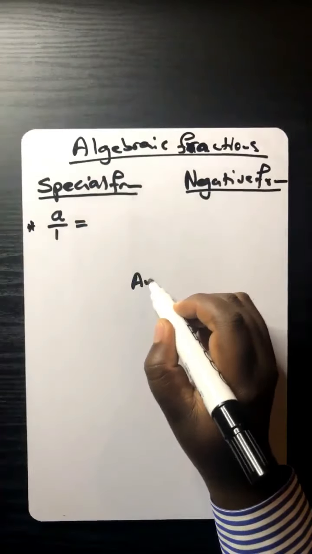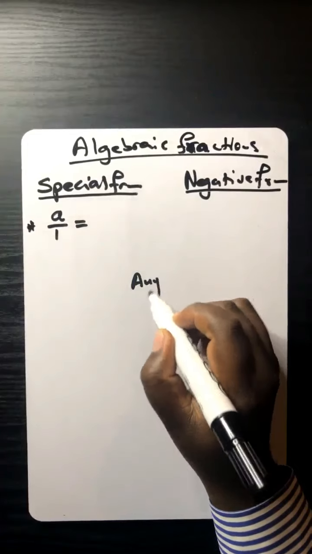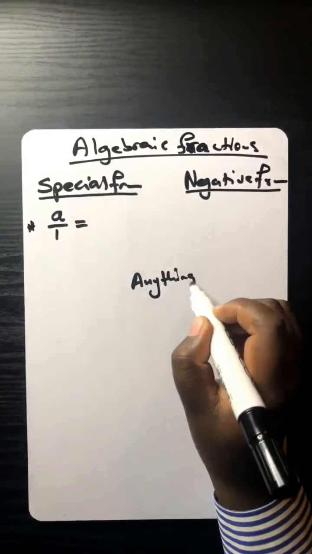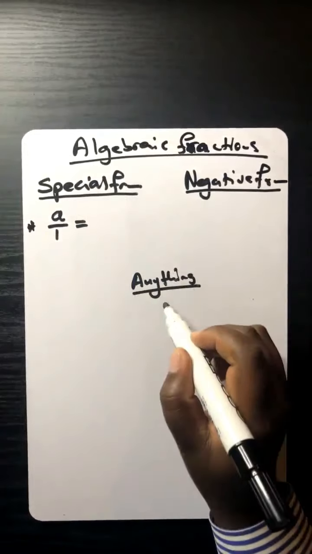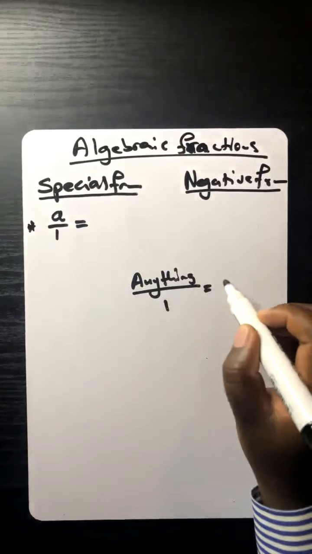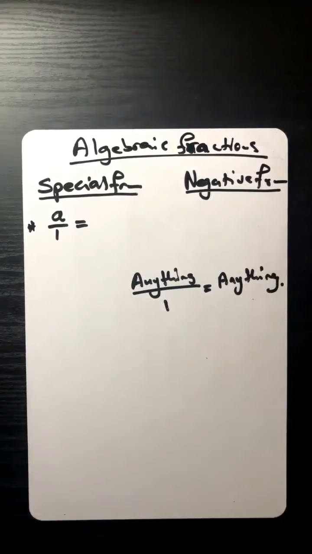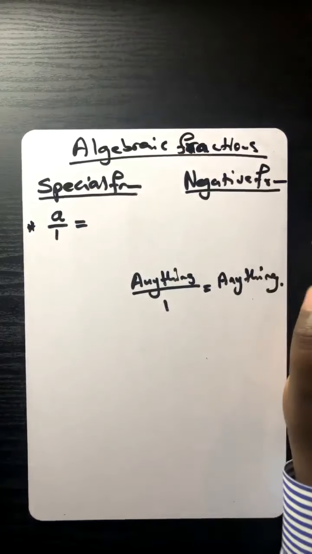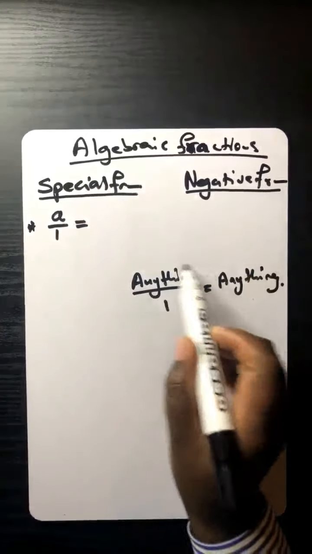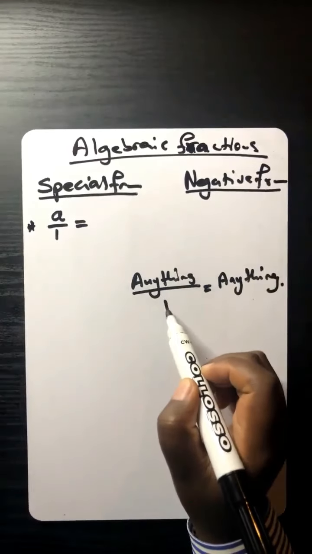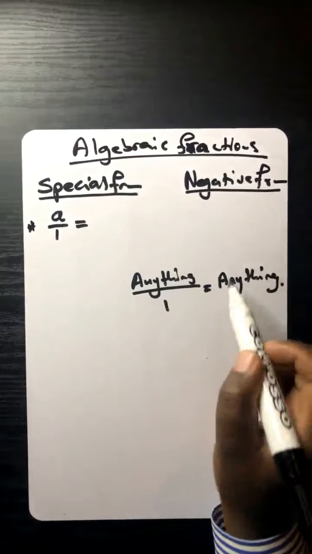You can just write it as part of your notes. Anything divided by 1 is equal to anything. Write this as part of your notes somewhere, Shreyas. Anything divided by 1 is equal to anything.